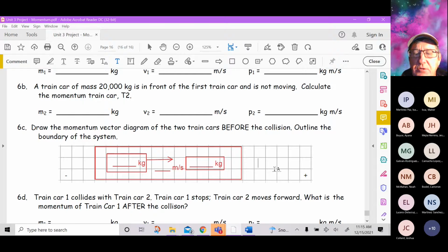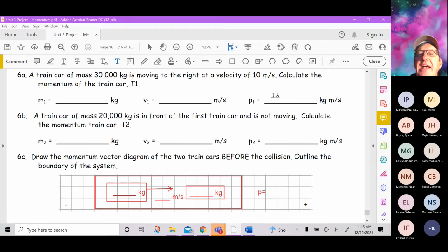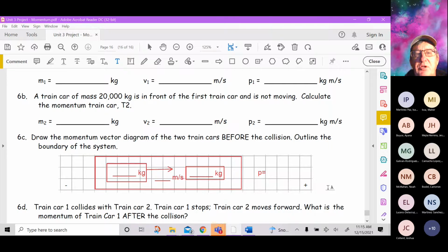The only thing I have to do to finish is write down my total momentum. How do I find total momentum? Add the two momentums together, which is going to be easy because this one should have been 0. So that's what this first one should look like.